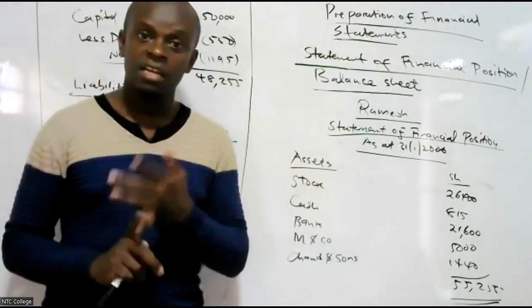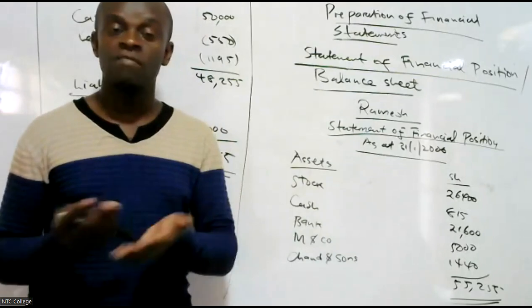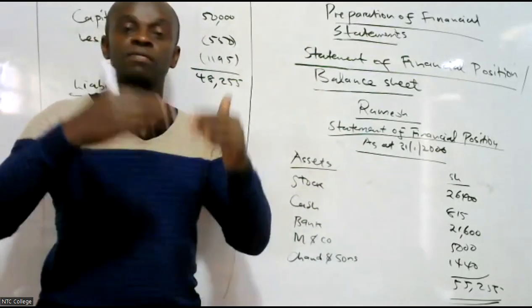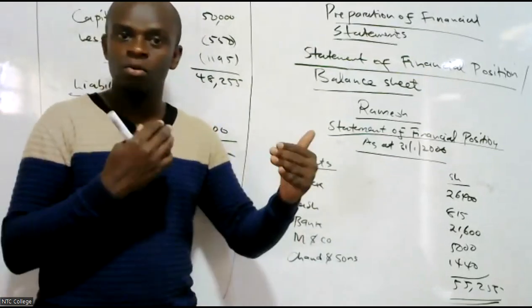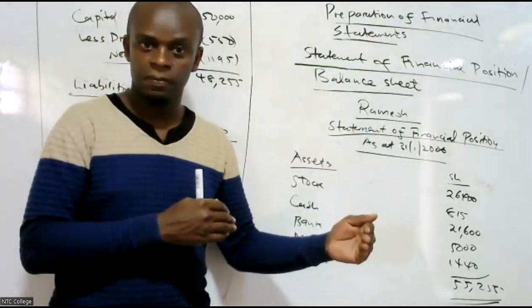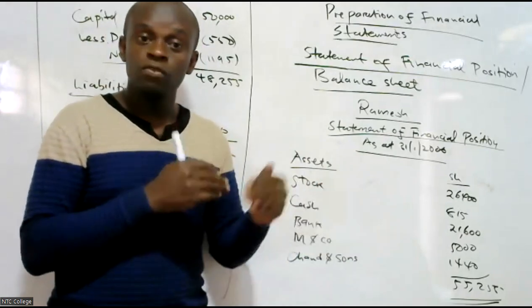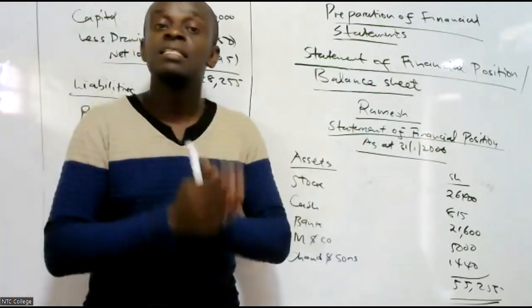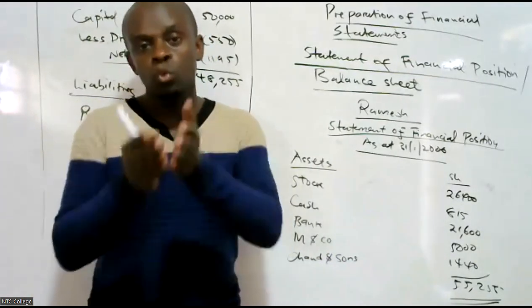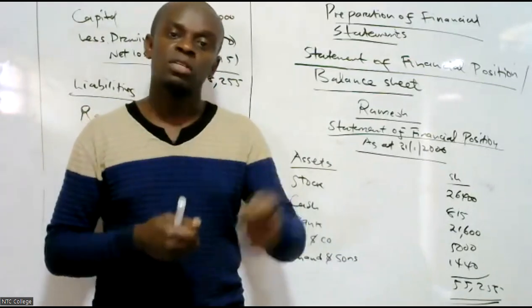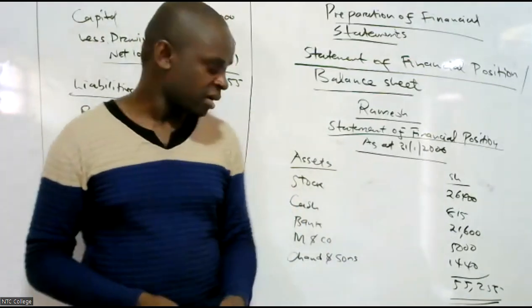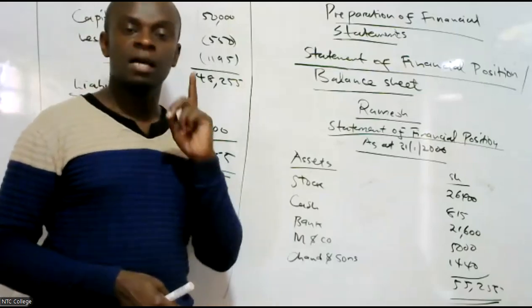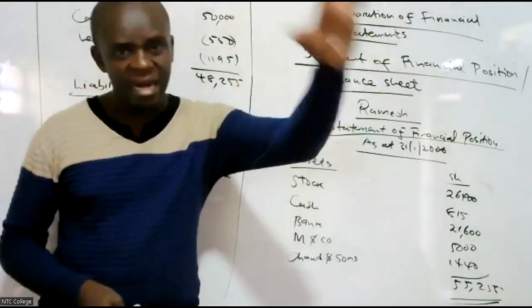Now, when we have cash, for example, if you have 50,000 in M-Pesa, that's an asset because it gives you power to buy whatever you want whose value is equivalent to 50,000. Then bank: when you see something mentioned as bank in accounting, it means money in the bank.